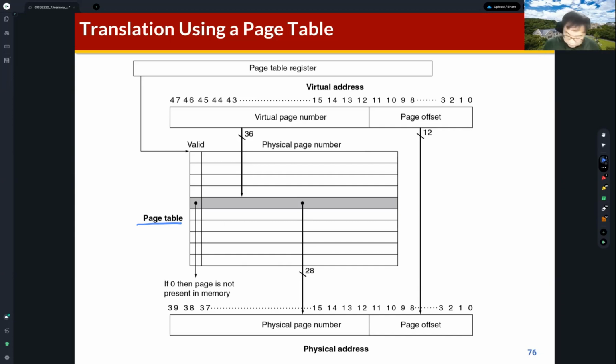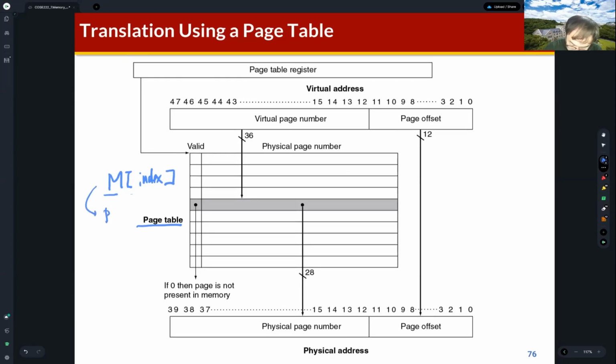So it looks like the mapping table, like M, and then an index, and then the output of this M is the physical address.